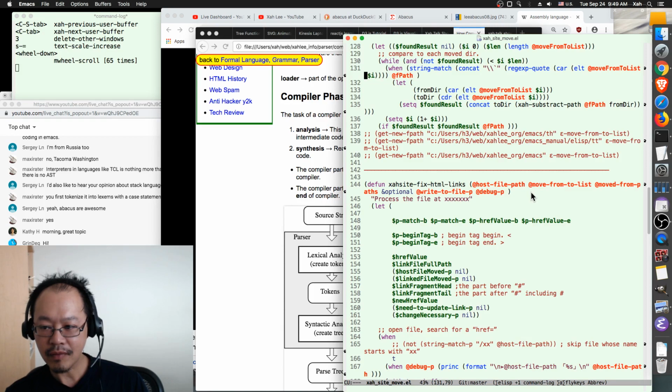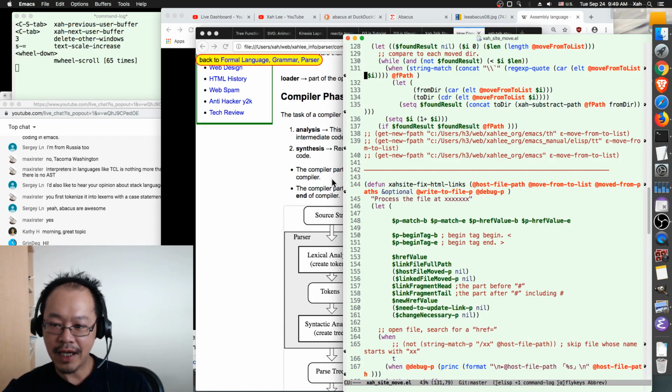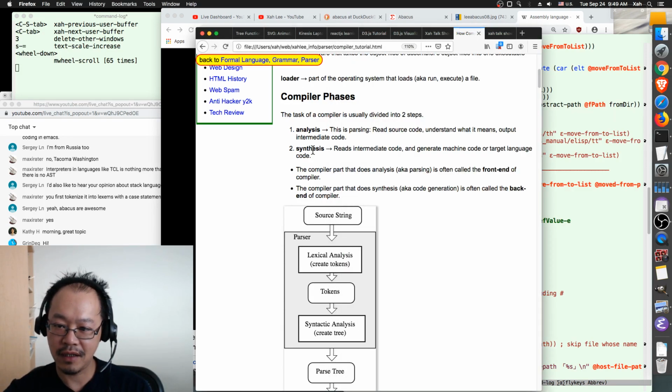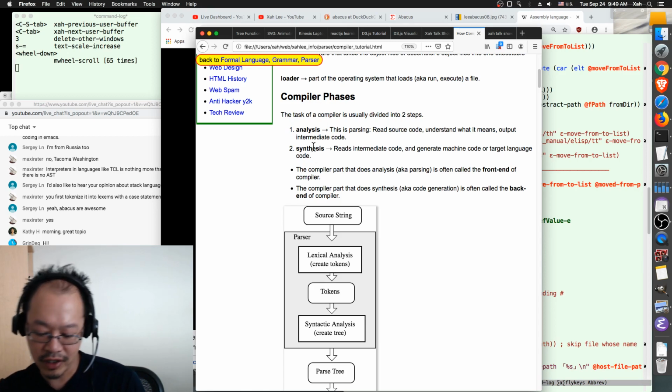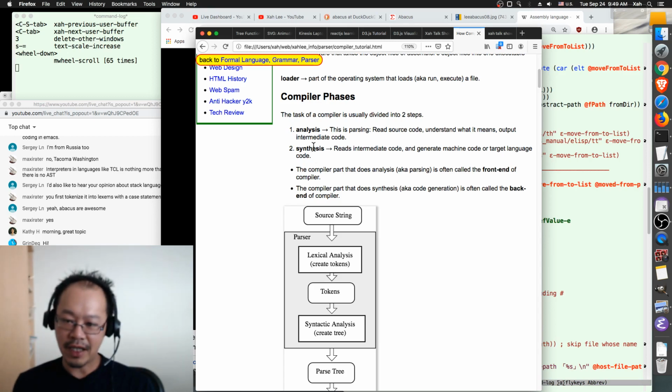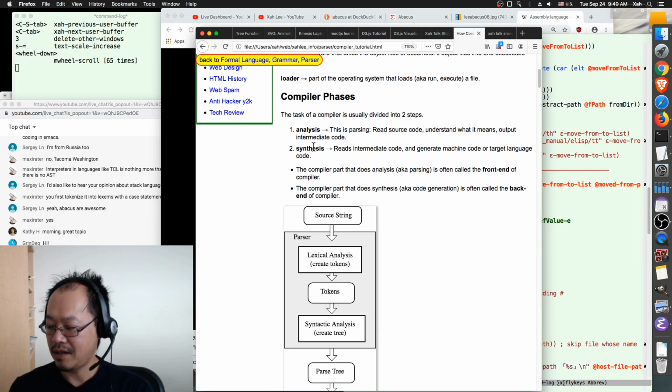Then the second step of compiler is synthesis or code generation. The second step reads the output of the AST. Then it tries to convert it into the target language. Maybe it's assembly language, maybe it's a machine language, or maybe it's another language.